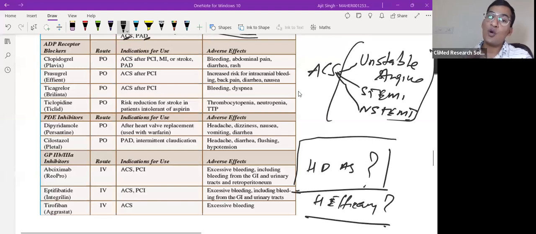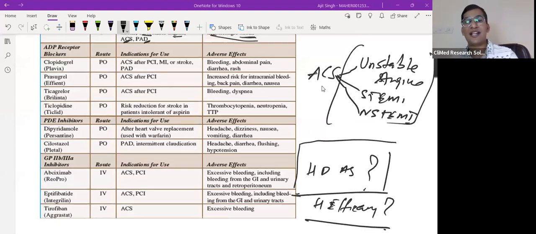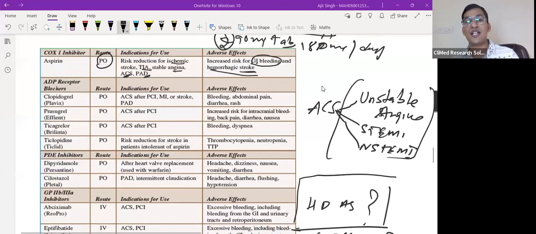Efficacy will not improve, and there will be a higher risk of bleeding. When we are giving aspirin, there are multiple chances of GI bleeding and hemorrhagic stroke.